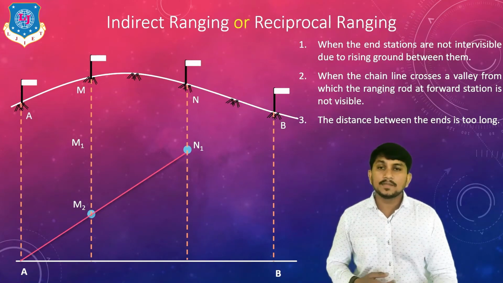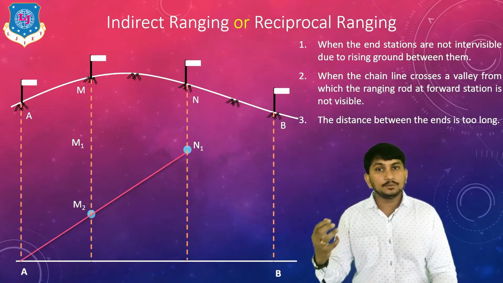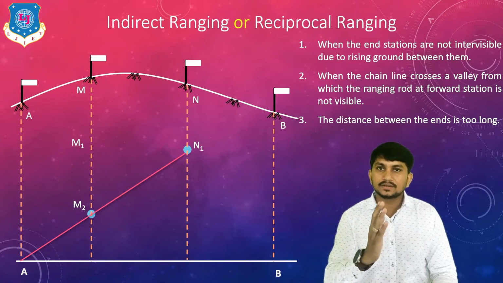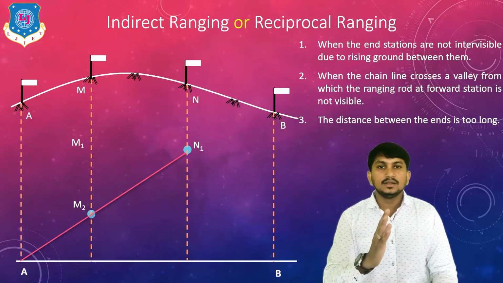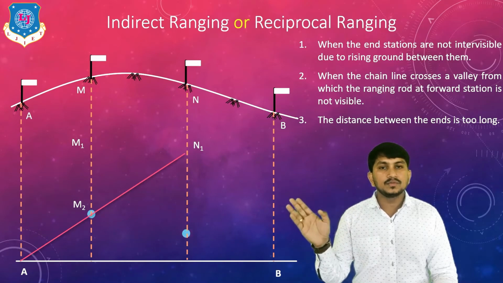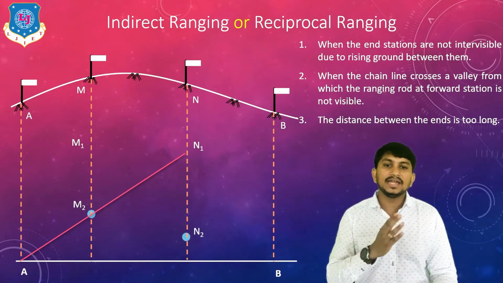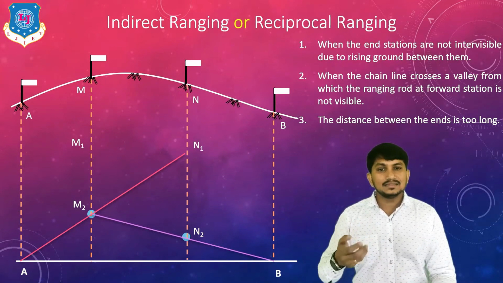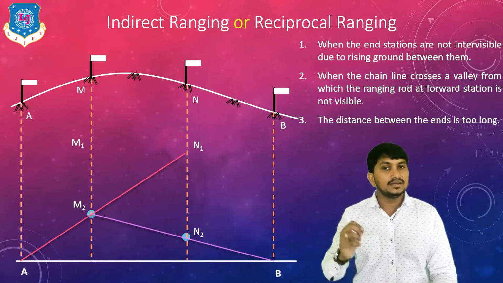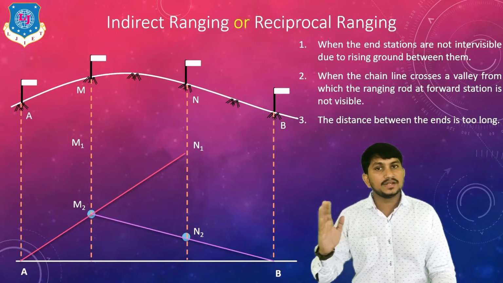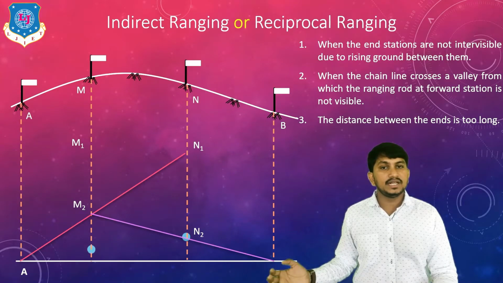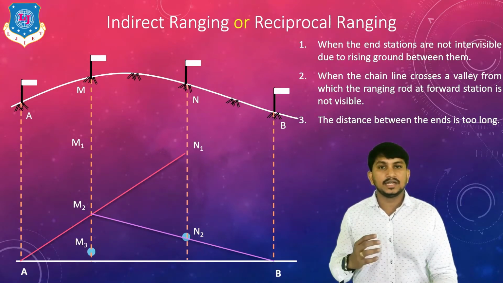Now, the next step: the person at M2 guides the person at N1 to go straight on the slope so that point M2, new point N2 and B will be in one line like this. Next, the person at N2 guides the person at M2 to go straight on the slope so that N2, M3 and A will be in one line.